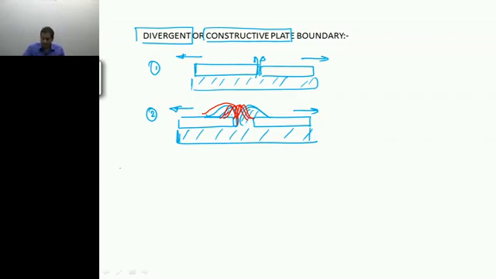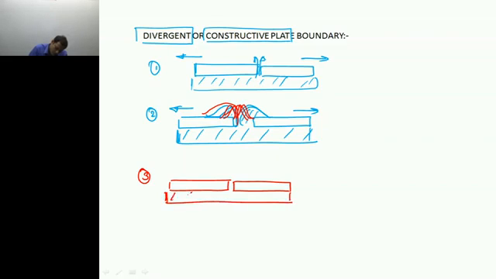As a result of this, in this kind of plate boundary, there is volcanic eruption, and they are associated with mid-oceanic ridges on both sides of the ocean floor.